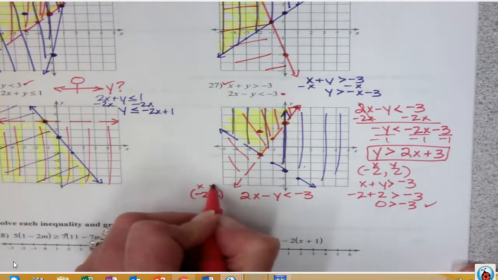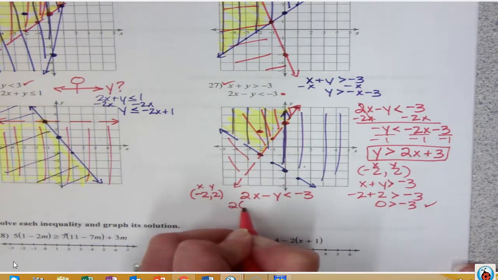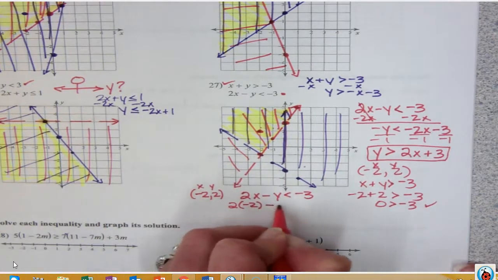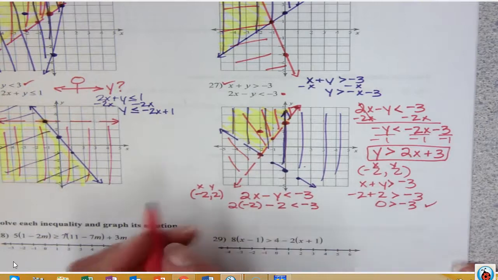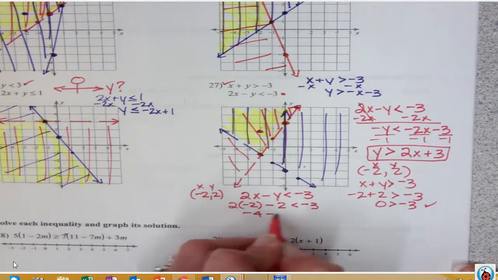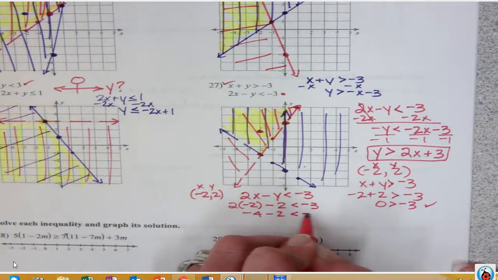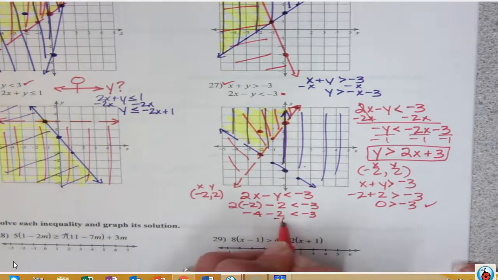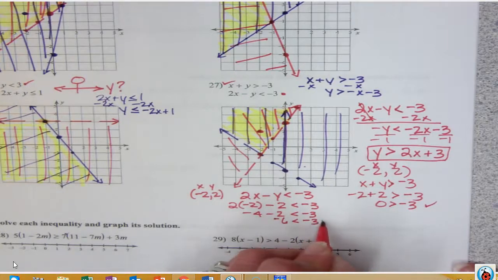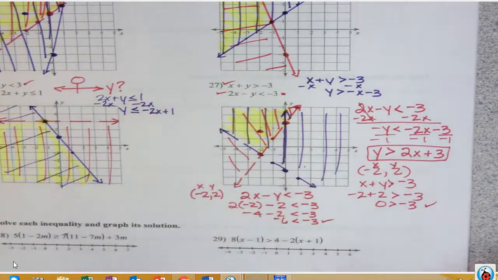So if this is my x and this is my y, 2 times negative 2 minus 2, is that actually less than negative 3? Negative 4 minus 2, negative 6 is less than negative 3, so yes, I've checked that one as well. That's how you check your work on these.